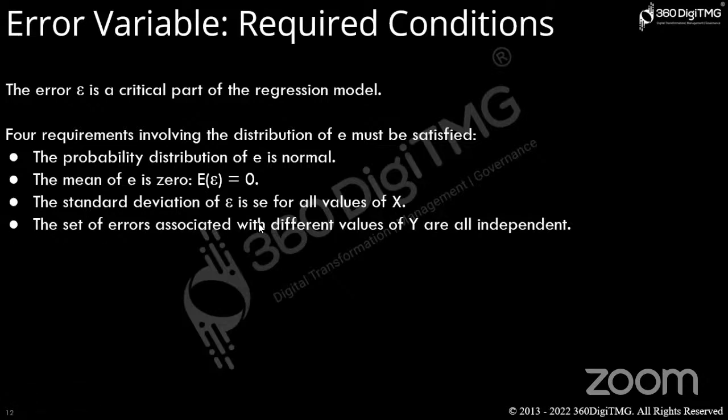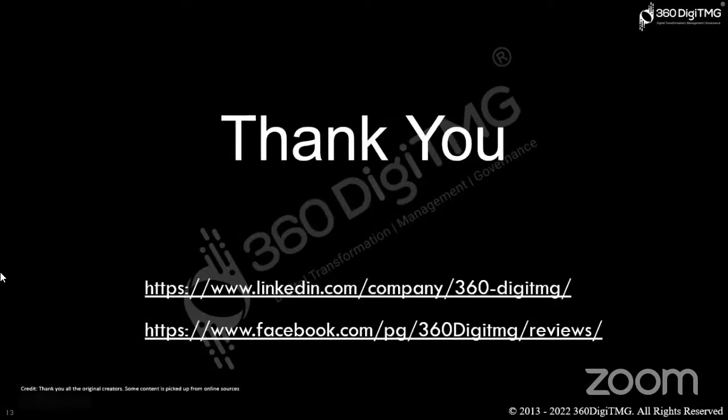The standard deviation of E, the error, should be the same for all the values of X. The set of errors associated with the different values of Y are all independent. So whatever values you get for the errors should be independent, with no correlation among the errors. So these are the requirements or conditions for the error.